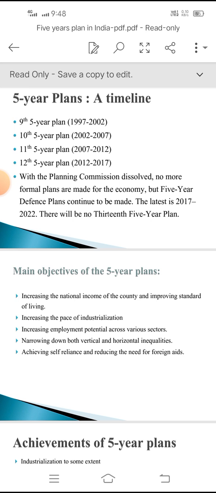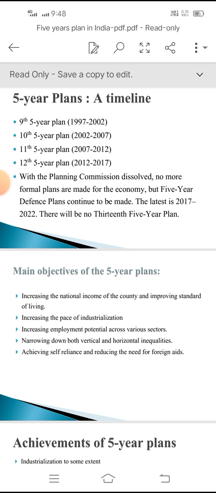So it is very important, and it's present today. The 14th five year plan is also launching, but the commission has changed under another name, the Planning Commission.